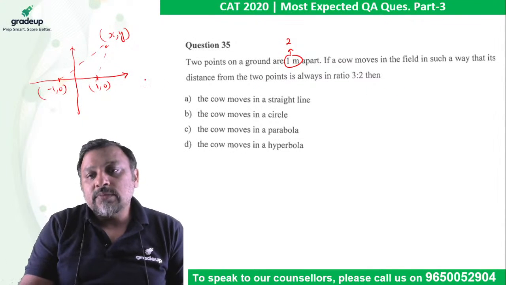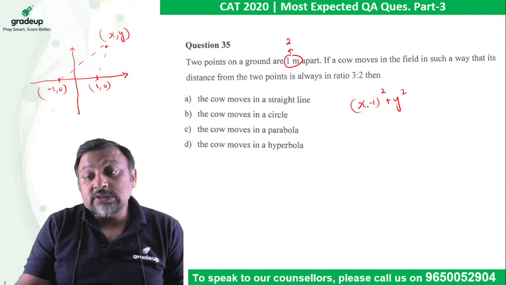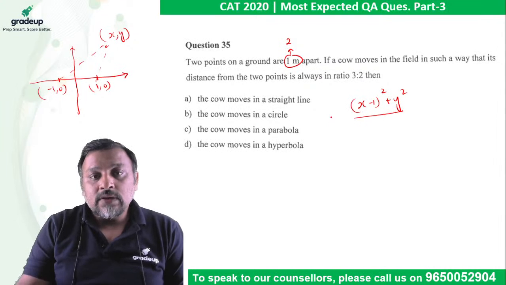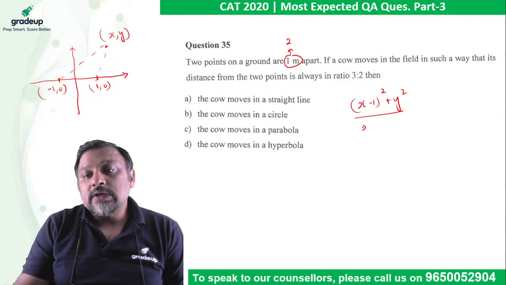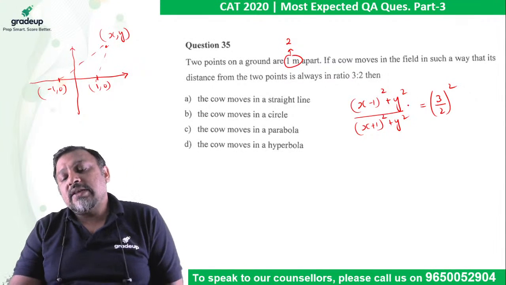So its distance from this point is given by (x minus 1) whole square plus y square. So this is the square of the distance. And similarly here it is (x plus 1) whole square plus y square. This is (3 is to 2) whole square. Okay. So now I don't need to solve this any further.